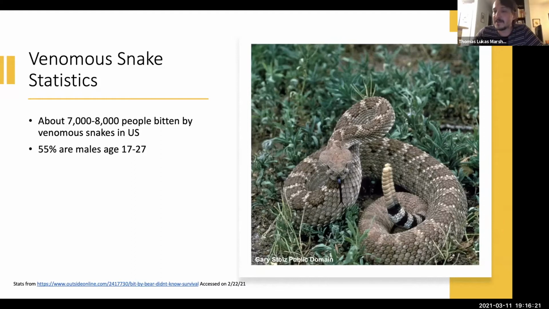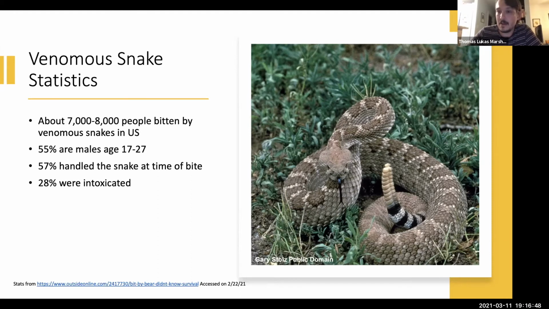Of those bites, there are some common demographics. 55% of those snake bite victims are males within the age range of 17 to 27, a demographic that's known for taking risks and maybe not being as cautious as they should be. 57% of victims were handling the snake at the time of being bitten. 28% were intoxicated. And of all of those bites, only 0.2%, or about 1 in 500, were fatal.